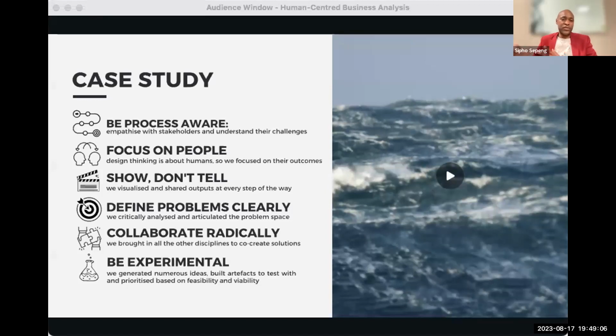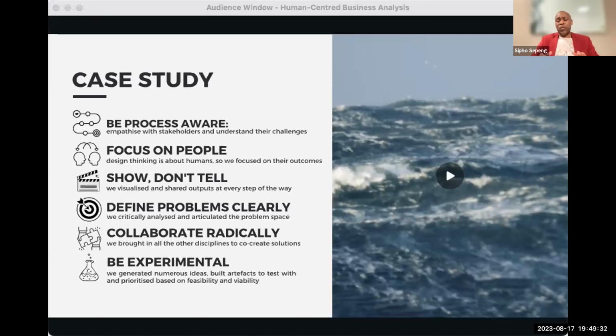If you think back to the story, what were our stakeholders struggling with? What were some of those wicked problems? What were our employees, as the beneficiaries of the solution that we were trying to work on? What were their struggles as well as aspirations? So we empathized with them.